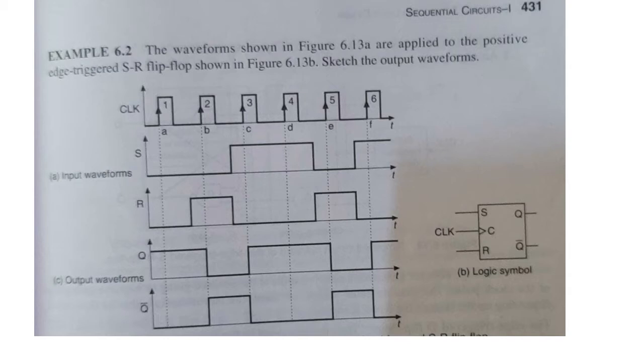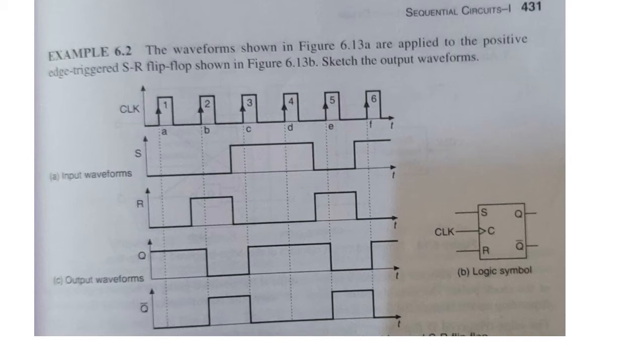So as a result, the Q state will be retained at high until the next positive edge of the clock. On the second positive edge of the clock, again if we check the values of S and R, S is 0 and R is 1. When this is the condition, the output has to reset, that is, it has to move from high to low until the next clock pulse.